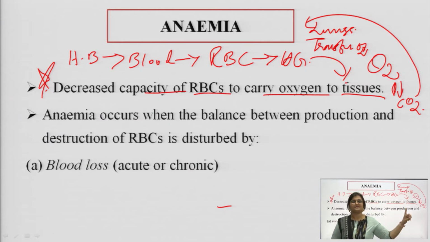So this is the role of RBC. If the RBC's role of carrying oxygen to the tissues gets hampered, it leads to the condition called anemia.